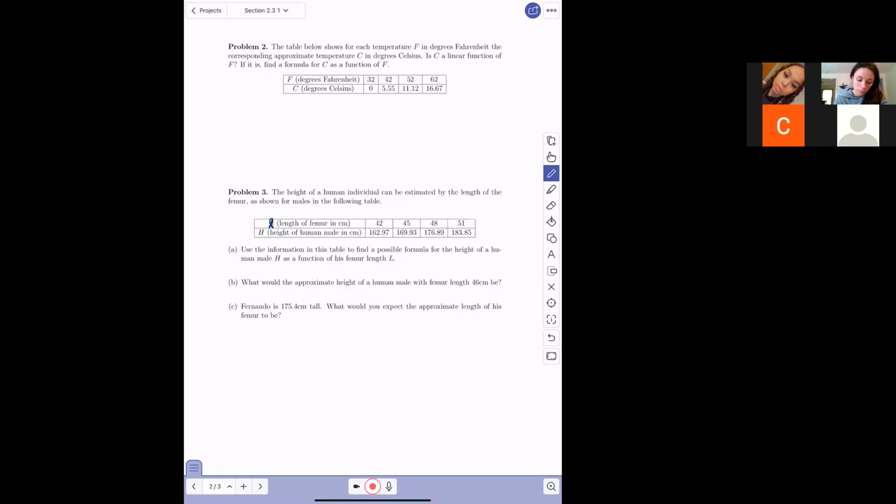All right. So use this information in the table to find a possible formula for the height of the human male H as a function of the femur length L. So from 42 to 45 for the length of the femur, we're increasing by 3 centimeters.